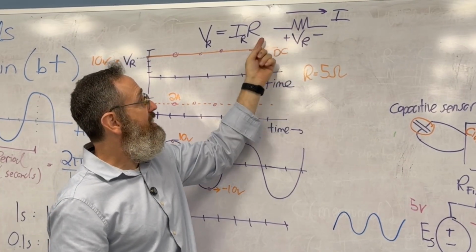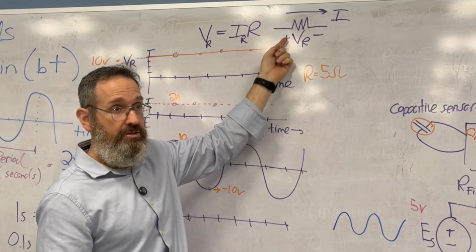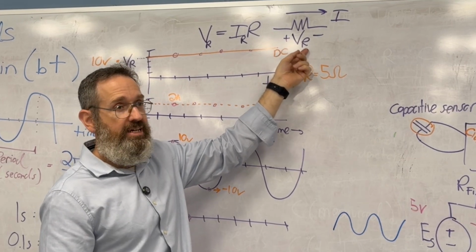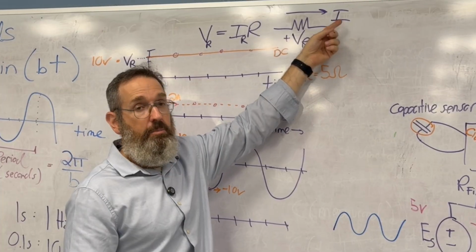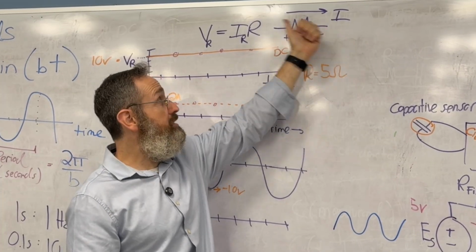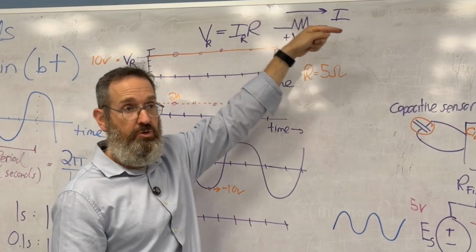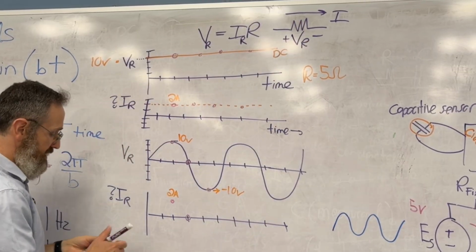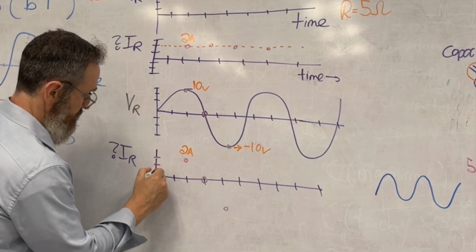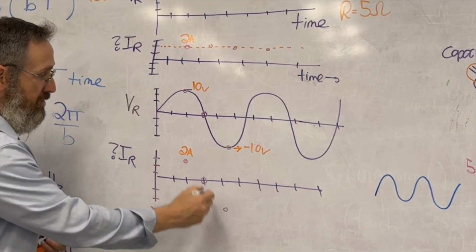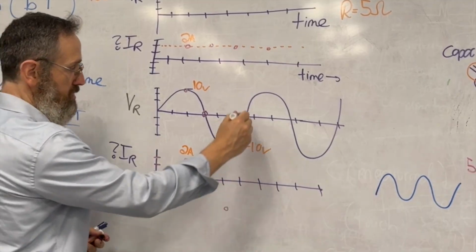If we're applying Ohm's law in this direction, V R in this case is minus 10 volts, and therefore I is minus 2 milliamps. You could think of it as 2 milliamps going this way, or minus 2 going this way. But it's important to recognize that at this point, we are down here. The current has reversed. And then, of course, back to 0.